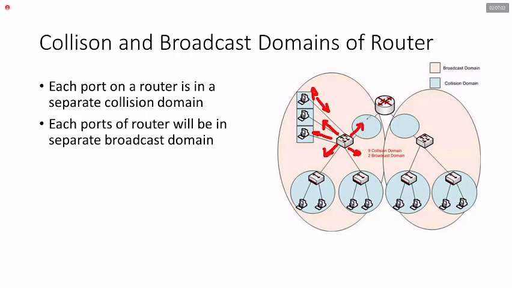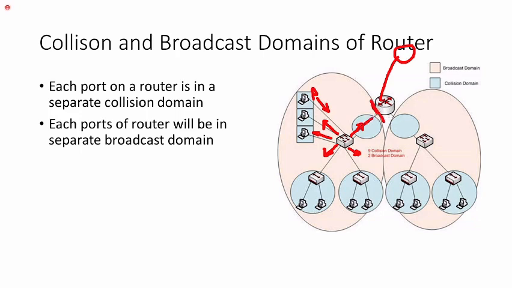After that, the router is connected to some other router. After the router receives it, it will not forward it to anybody else. Why? Broadcast messages stay only within the network they are connected to. A broadcast message means we want to send it to everybody in the network, so everybody in the network ends here. The router connects to another network, so you are not going to forward it.